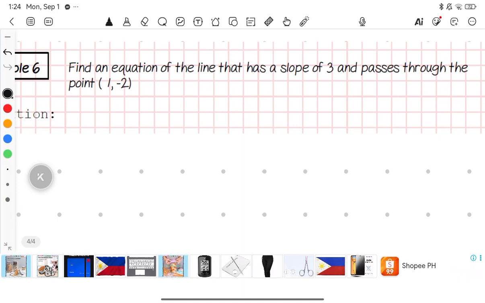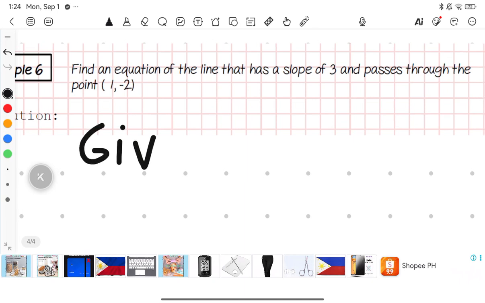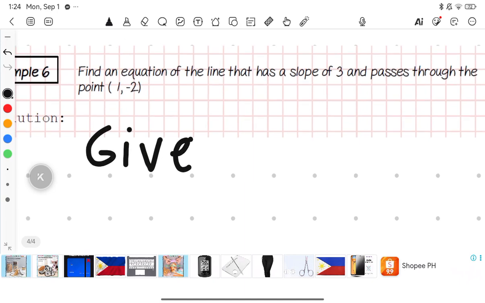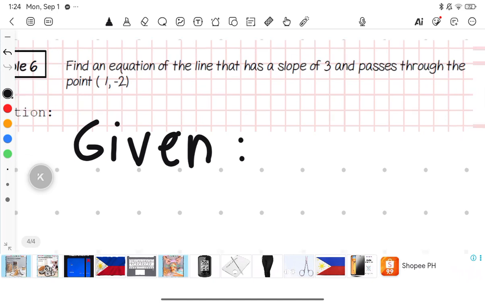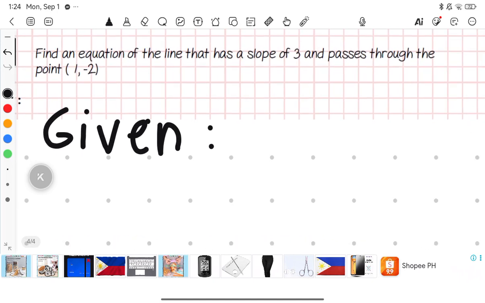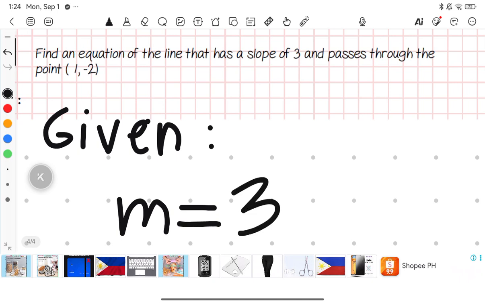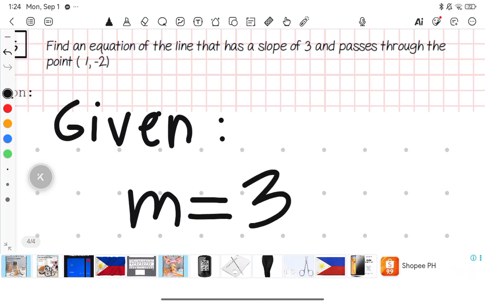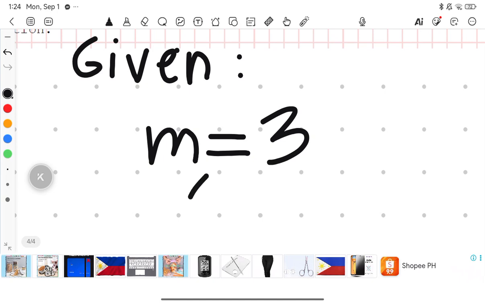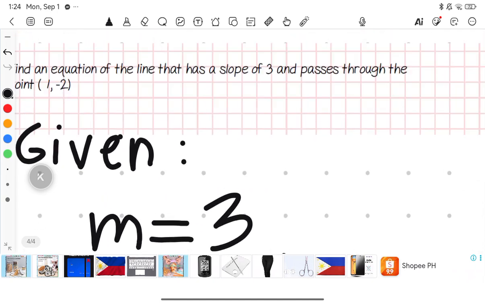ano ba kailangan natin pag nagsosolve ng problem? Ilagay natin ang given. So, given, ang given is slope. So, i-write na lang natin siya as symbol m. It's equal to 3. Yan, diba? Slope of 3 and then passes through 1 and negative 2. Ano ba ibig sabihin pag sinabing passes through?